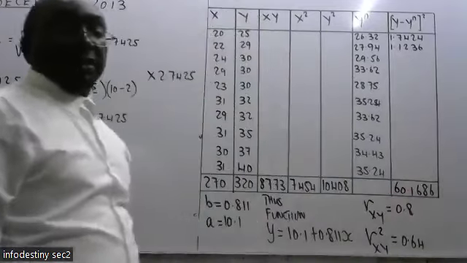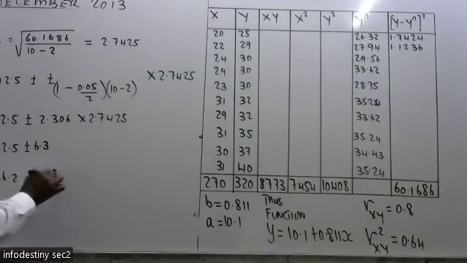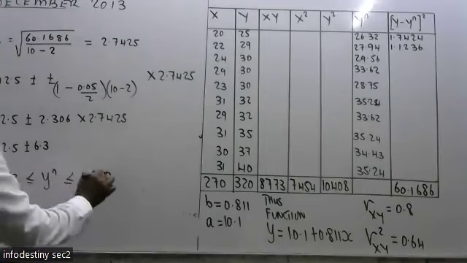Is that okay, Mary? 6.32. So 6.3. So subtract, and that is 36.2. And when you add, this is 48.8.